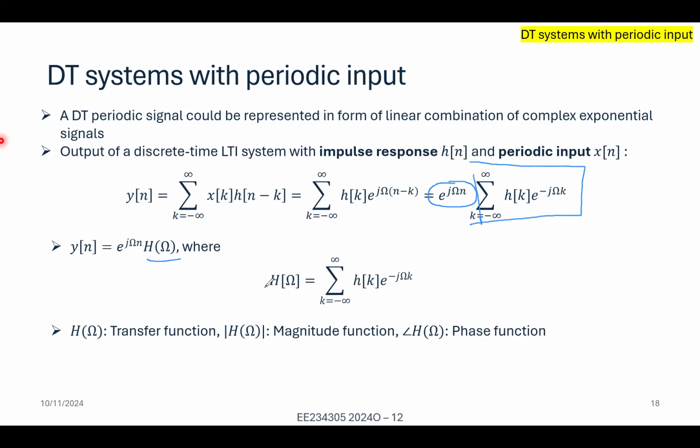And we have h omega, which is the sum of the impulse response hk times e to the minus j omega k. Yes, this is the capital omega. So h omega is the transfer function. Then the magnitude function is the absolute value of h omega, and the phase function is the angle, or the phase, of h omega itself.